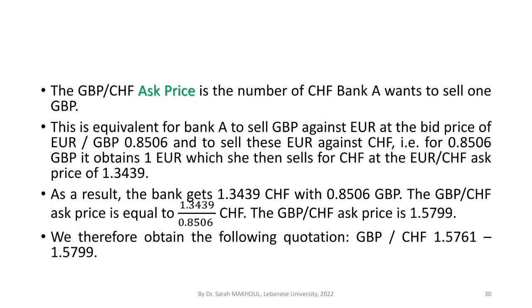For the ask price, it is the number of Swiss francs for which bank A wants to sell 1 English pound. This is equivalent for bank A to selling the pounds against euros at the bid price, of course, and then selling those euros against Swiss francs. So it sells 0.8506 pound and obtains €1, which it then sells for Swiss francs at the ask price.